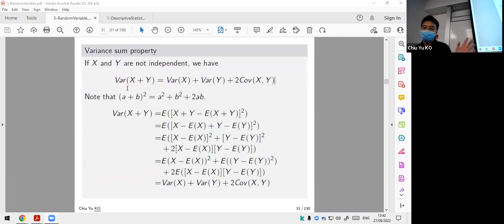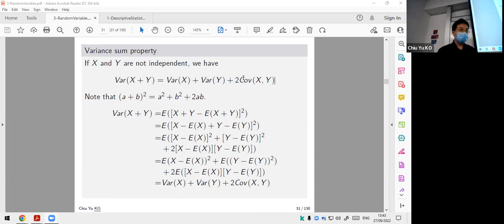And as I mentioned before the break, the variance of X plus Y will be the sum of the two variances, but you add a covariance.